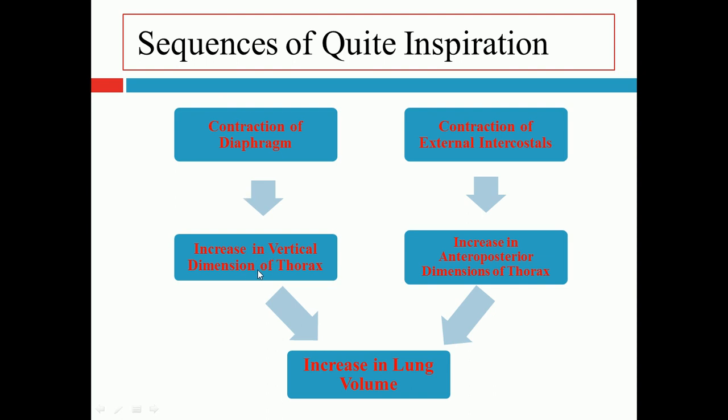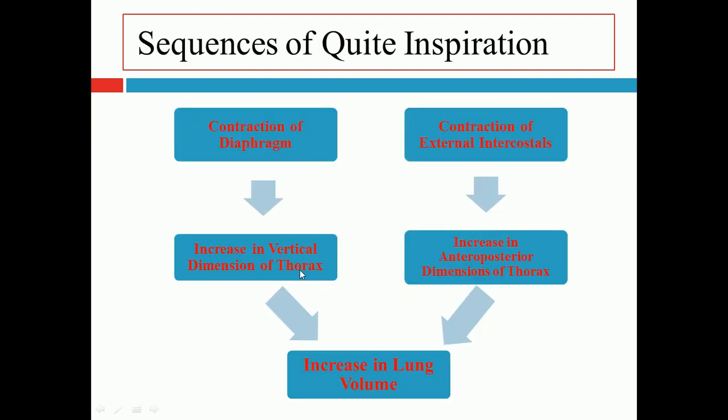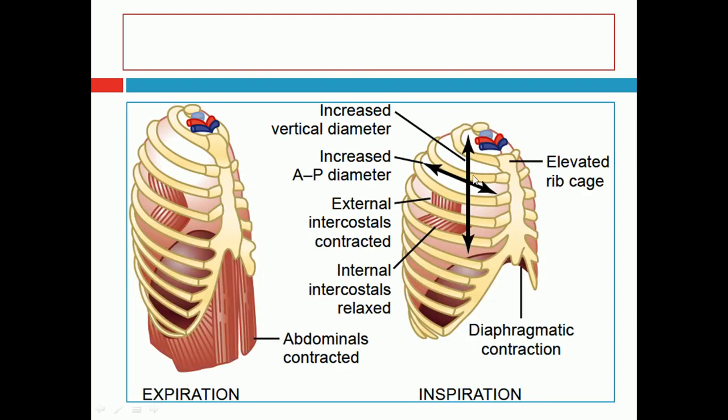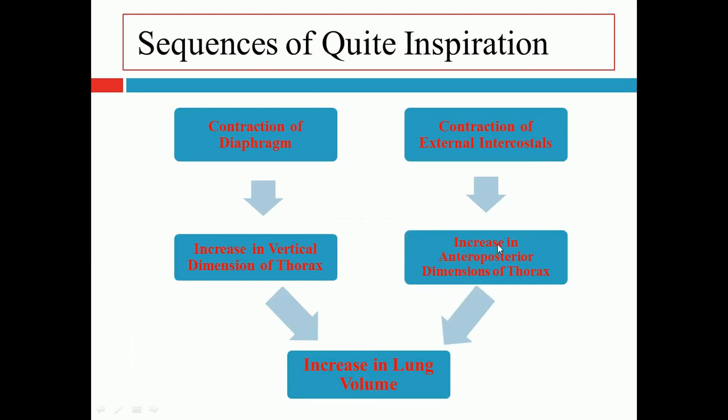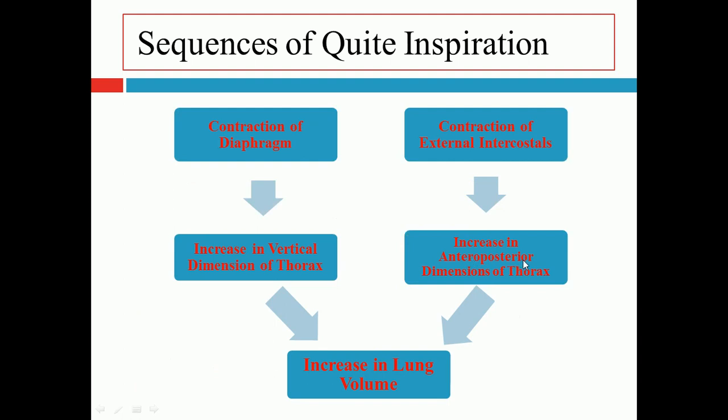Increased vertical dimension of the thorax, here you can see increased vertical diameter of the thorax region, while the contraction of intercostals, here external intercostal contraction, actually causes increased anterior posterior dimension of the thorax.